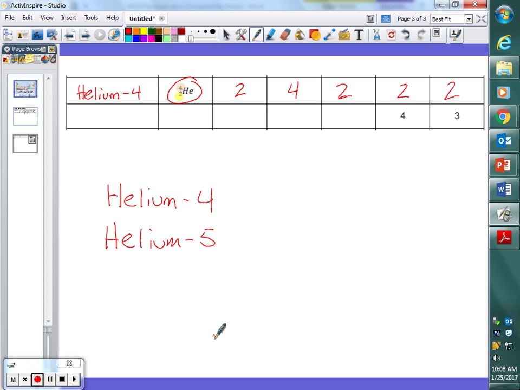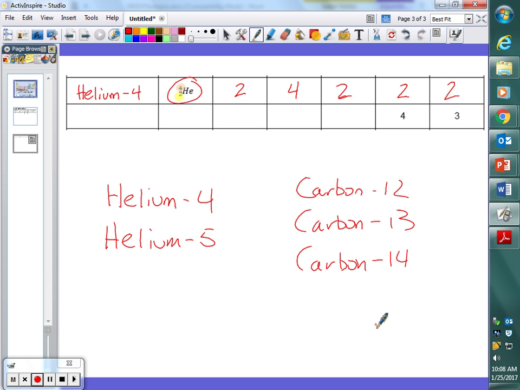Or we could have something like this. These three are all isotopes of each other because they all have the same number of protons, because they're all carbon, but then they would have different mass numbers.